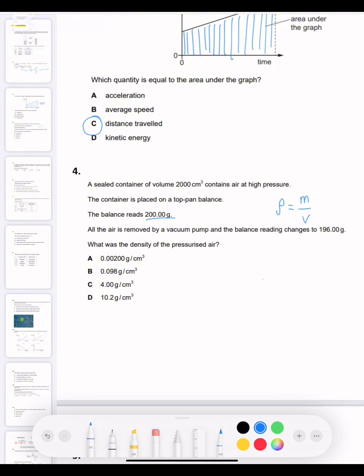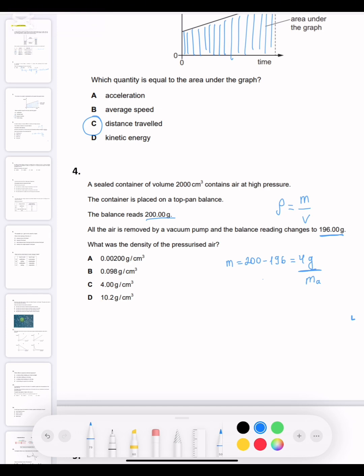After the air removed, the balance reads 196 grams, which is the mass of empty container. So, to find the mass of pressurized air, we need to subtract 200 minus 196, which is 4 grams. This is mass of pressurized air.